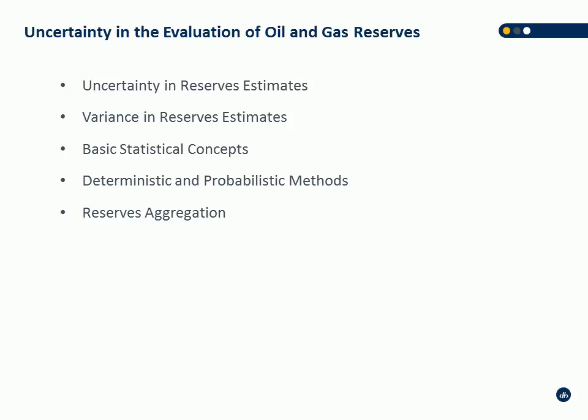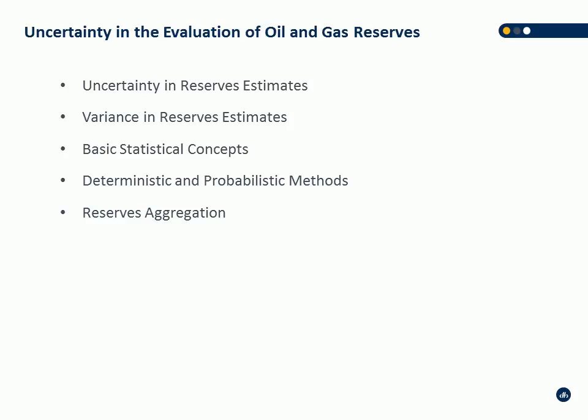Probabilistic approaches are really, when you're looking at prospective resources, when you're looking at undiscovered accumulations, you really don't have a choice other than to use a probabilistic approach. Whereas as soon as you have a known accumulation and you have a decent amount of data, you can start to use deterministic methods. So deterministic methods make up the lion's share of what you'll see in evaluations.